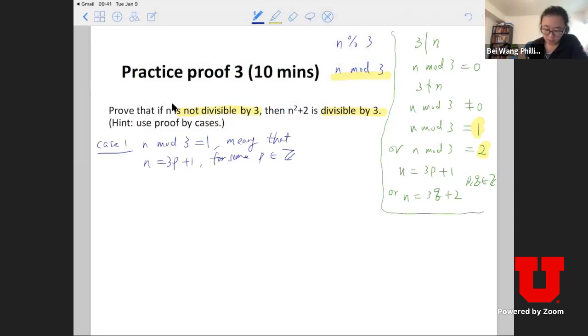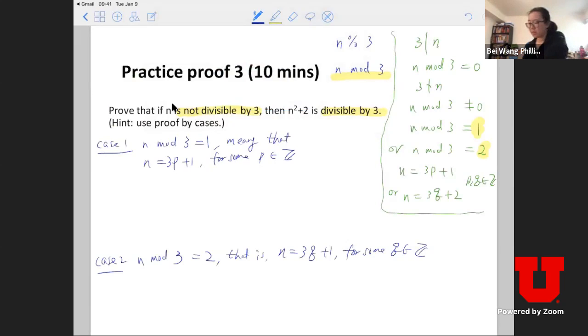And of course the second case is n mod 3 equal to 2, that is n is equal to 3q plus 2 for some integer q.